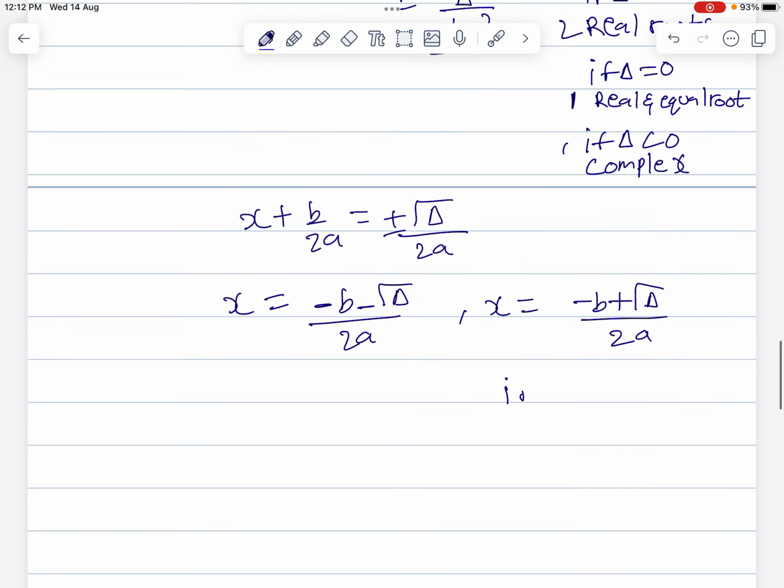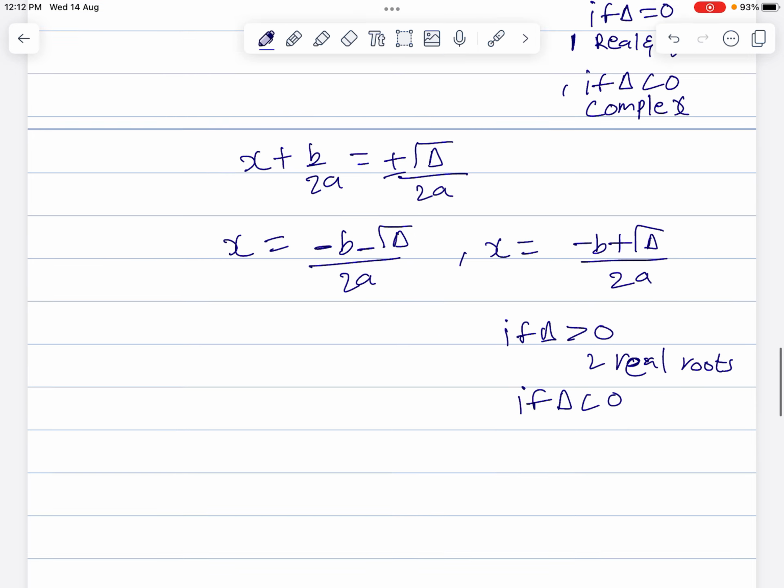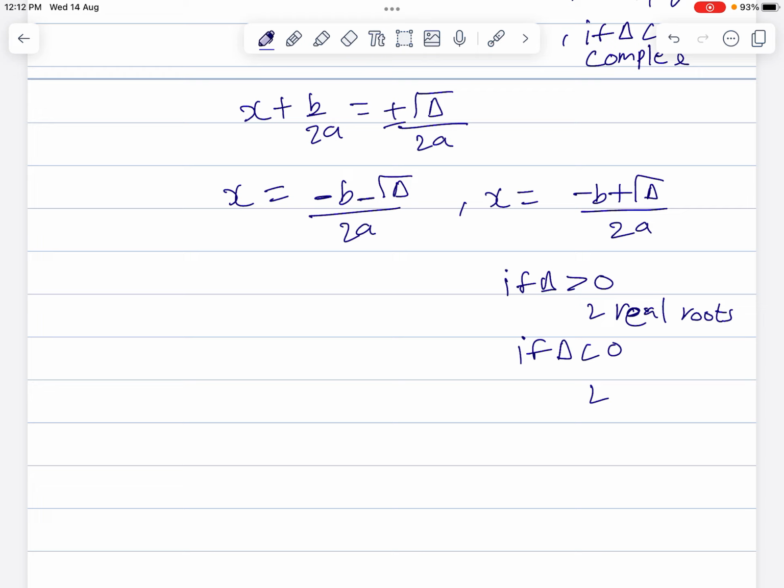If delta is greater than 0, we will have two real roots. If delta is less than 0, we will have two complex roots.